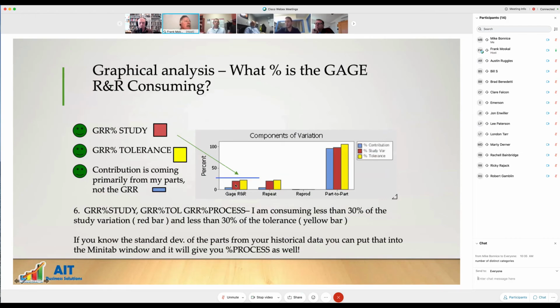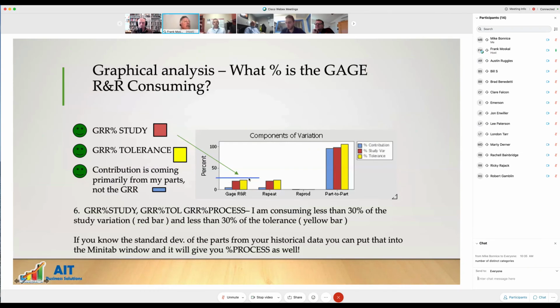And that's this red bar here. And secondly, if I'm making decisions based on the tolerance or the spec limits, how much of the tolerance is being consumed by the measurement system? And that's my yellow bar here.